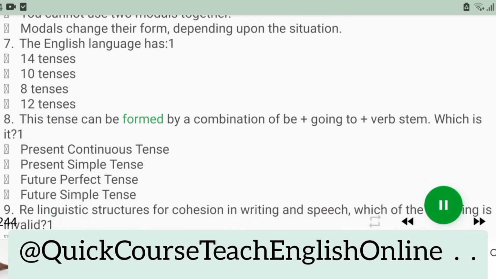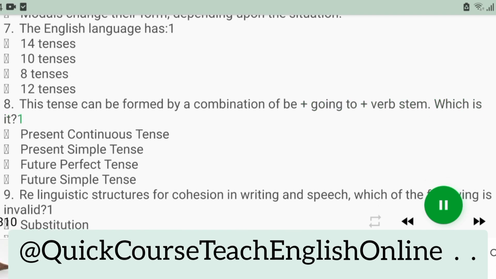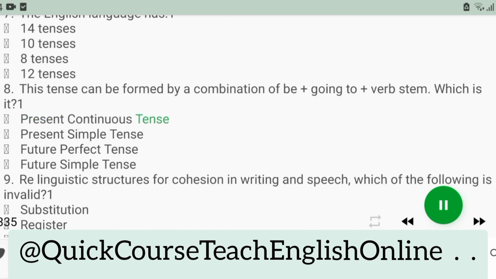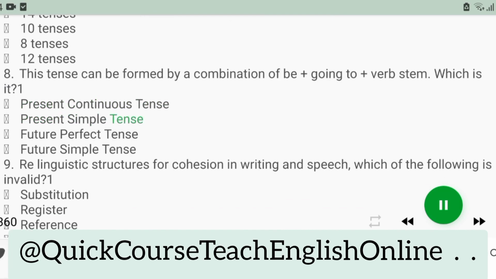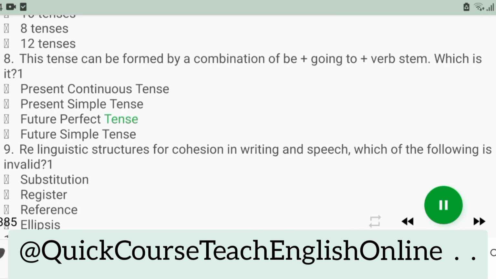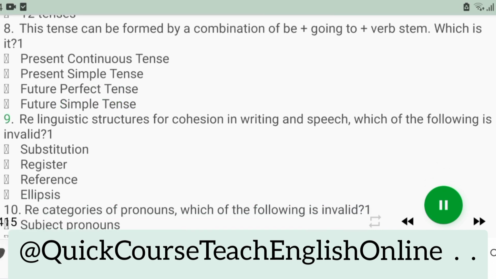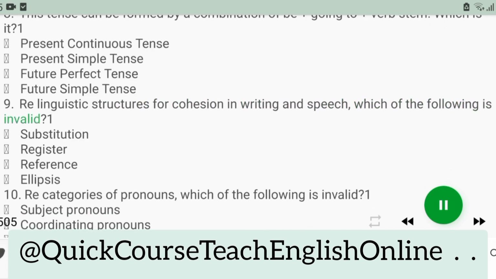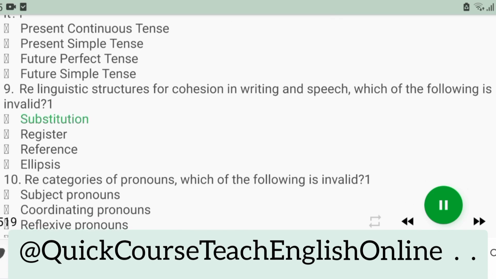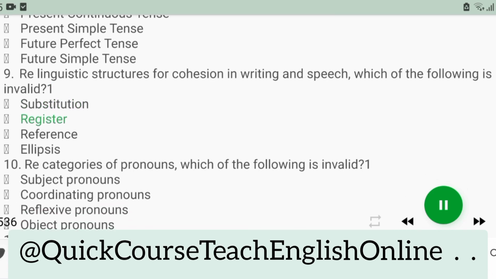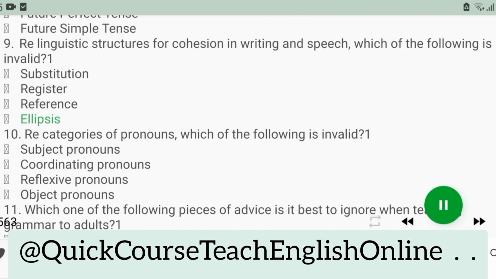This tense can be formed by a combination of be plus going to plus verb stem. Which is it? 1. Present continuous tense. 2. Present simple tense. 3. Future perfect tense. 4. Future simple tense. 9. Of the linguistic structures for cohesion in writing and speech, which of the following is invalid? 1. Substitution. 2. Register. 3. Reference. 4. Ellipsis.